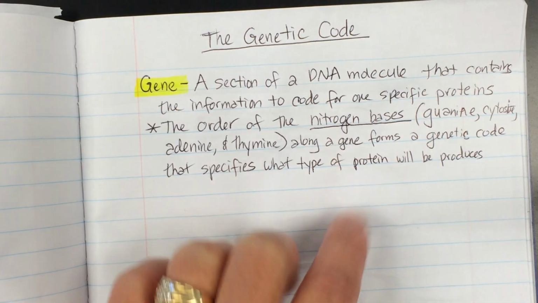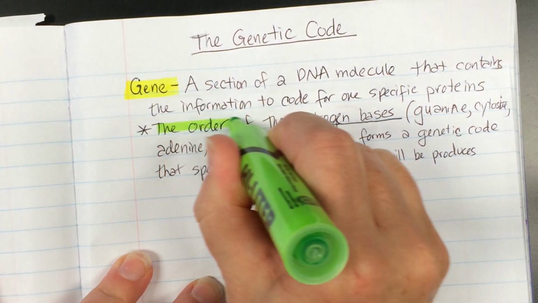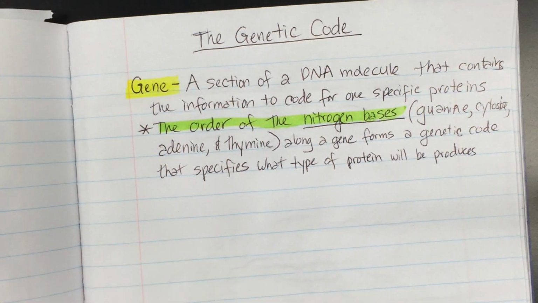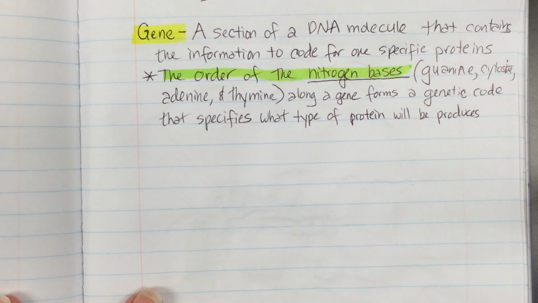So I'm going to use a different highlighter for my nitrogen bases, and I'm just going to highlight. It's the order of the nitrogen bases. Always remember that, okay?